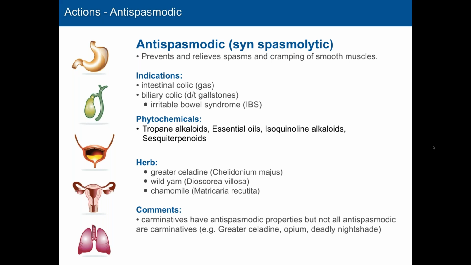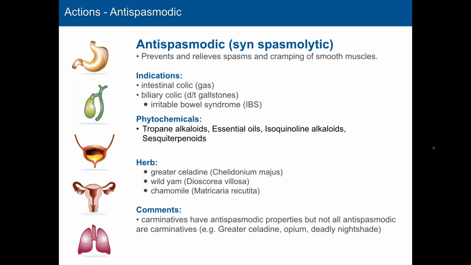By blocking the muscarinic receptors, you're basically stopping contractions of the smooth muscles. And so as opposed to essential oils that tend to have a normalizing effect on peristalsis, certain things like deadly nightshade or opioids will have a suppressive effect and completely shut it down.